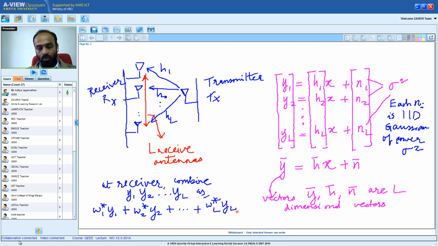So the next question I will ask you is, how should I choose the combining weights W1, W2, WL to maximize the SNR at the receiver?